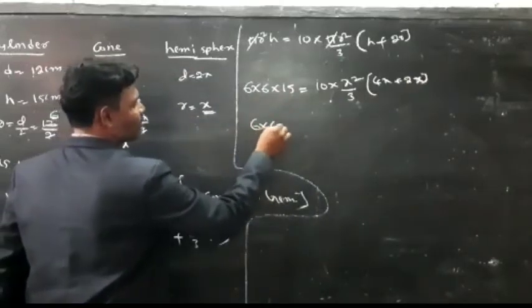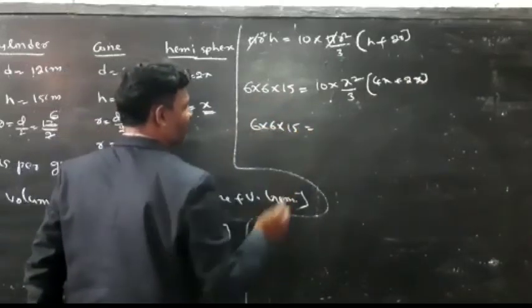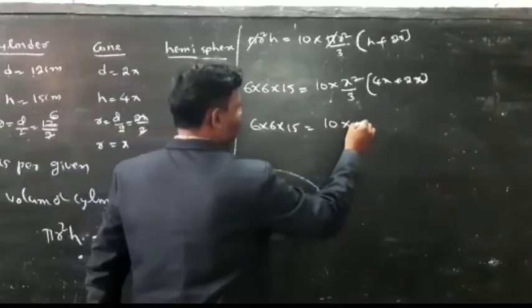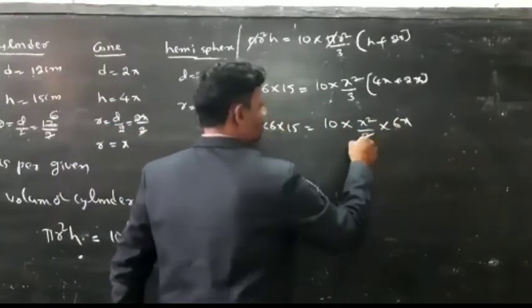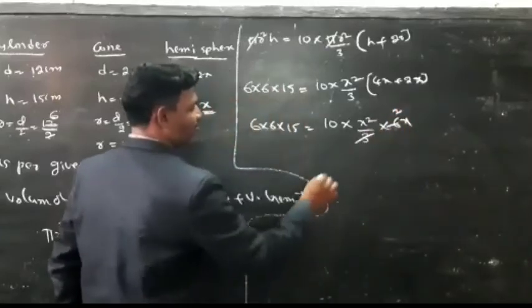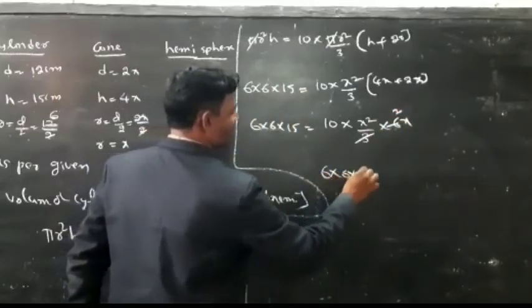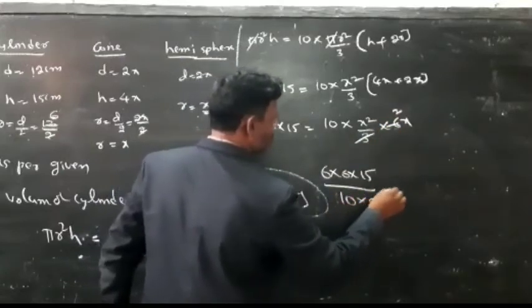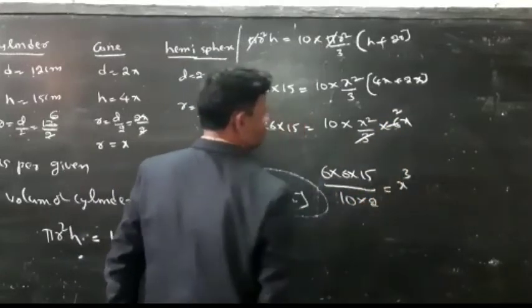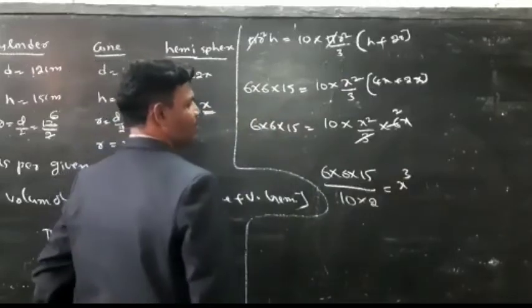Now 6 into 15 is equal to 10 into x square by 3 into 6x. 3 ones are 3, 3 twos are 6. So finally, 6 into 15, transposing to this side, by 10 into 2, is equal to x cube.